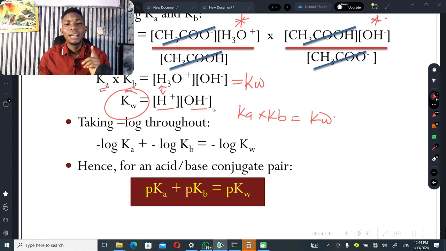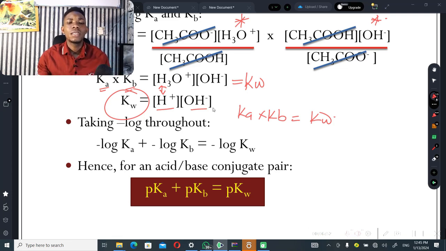Do you understand? And minus log Kw is equivalent to pKw. Let's take it again. Minus log Ka is equivalent to pKa, minus log Kb is equivalent to pKb, and minus log Kw is equivalent to pKw. Is that okay? Now, do you know the reason why this multiplication was changed to addition? That is where the knowledge of your mathematics comes in.